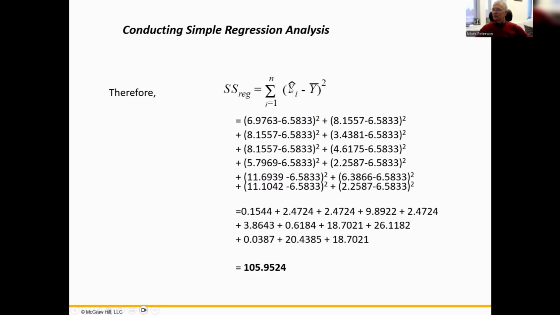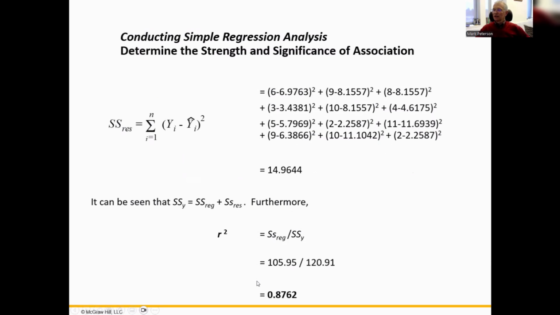So that's the y hat for each respondent minus the y average, squaring that. So we have 6.9763, and we're subtracting the y bar value from each of these and squaring these terms, summing them, and we get our sum of squares regression here of 105.95.